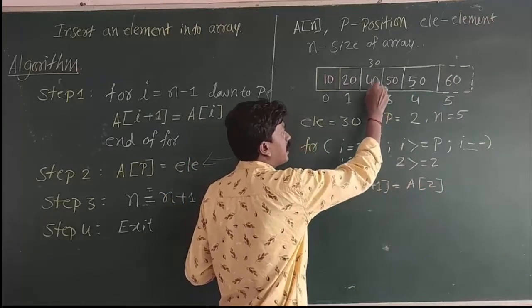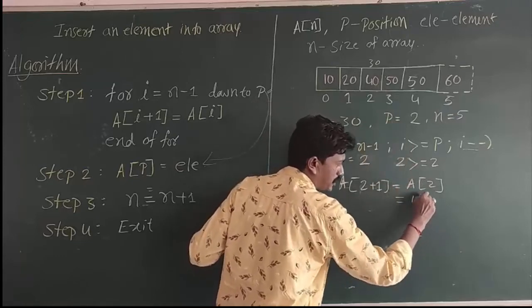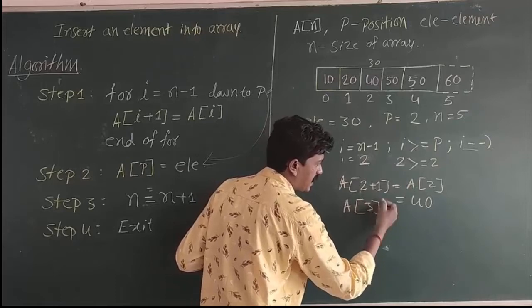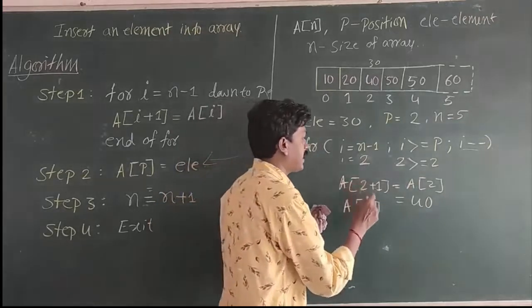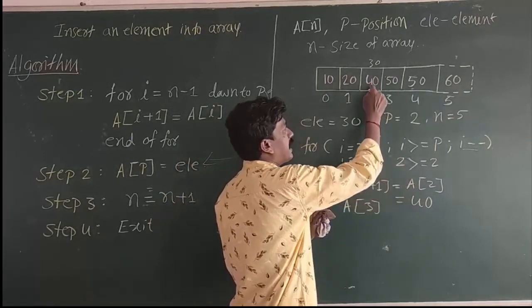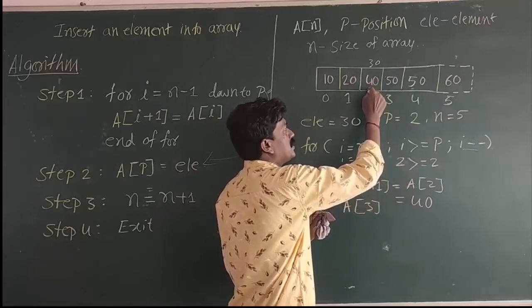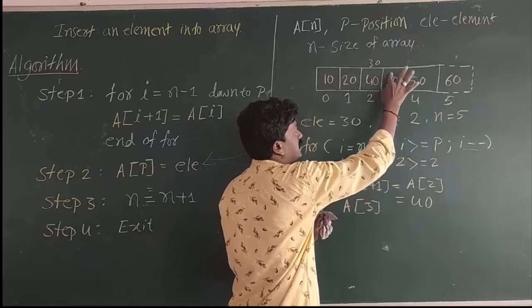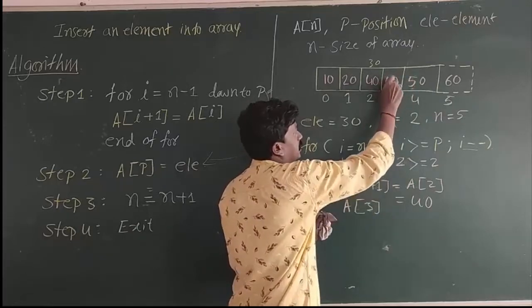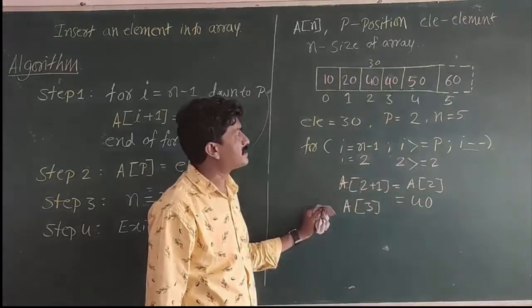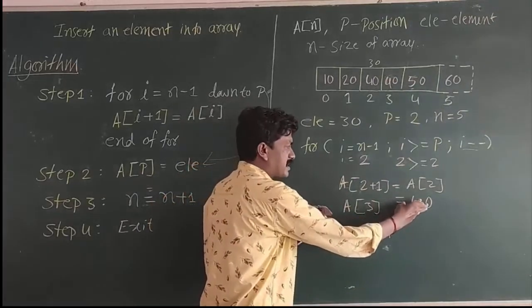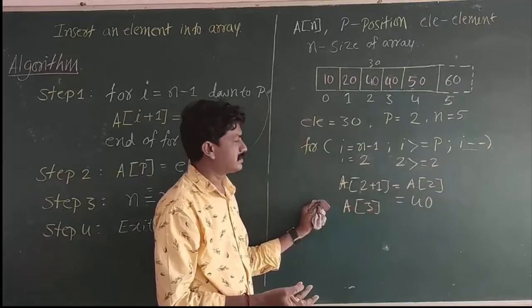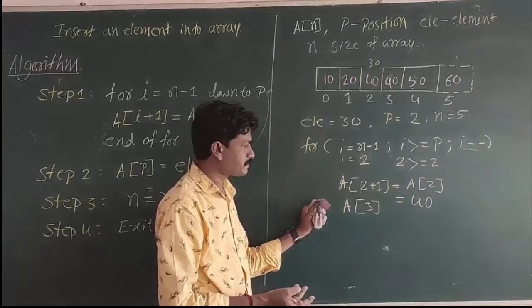In a of 2 we have element 40, and 40 should be assigned to the a of third index. Whatever we have at index 2 should be shifted to the next index, that is a of 3. Now I am changing the content of a of 3 to 40, because it is an assignment statement which assigns value 40 to the a of third index.